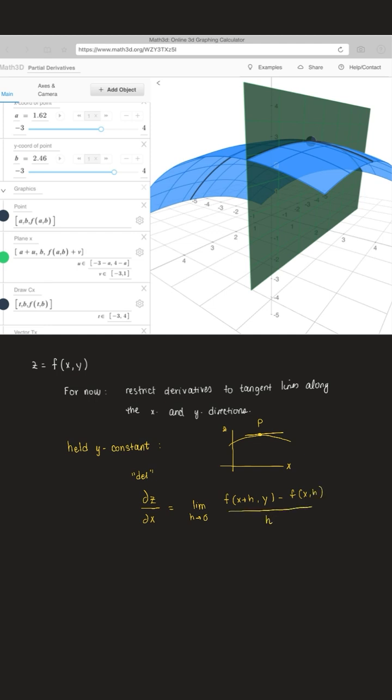Same derivative definition that we have, but of course we have a two-variable function. But notice that we are holding y constant. When we hold y constant, that will not change, and we're only looking at the rate of change of our surface in the direction of x.